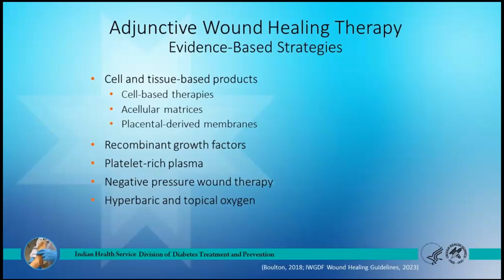There are publications going on all the time. There was recently one by AHRQ that was really good for tissue selection. Adjunctive wound therapy also includes recombinant growth factors, platelet-rich plasma, negative pressure wound therapy, and hyperbaric and topical oxygen therapy. I cannot say that all of these have the same risk-benefit profile.